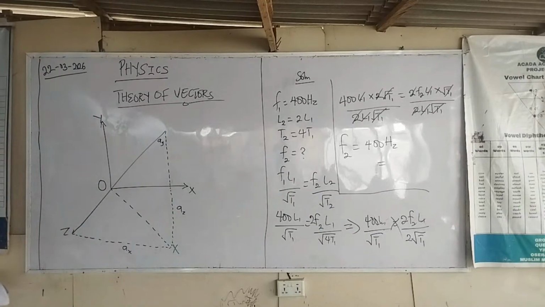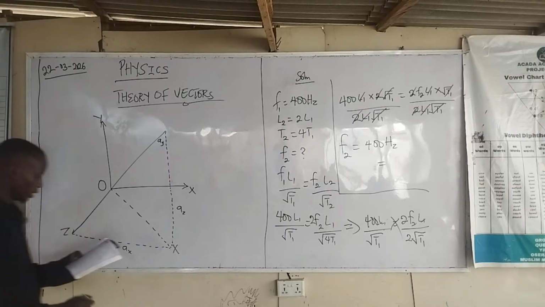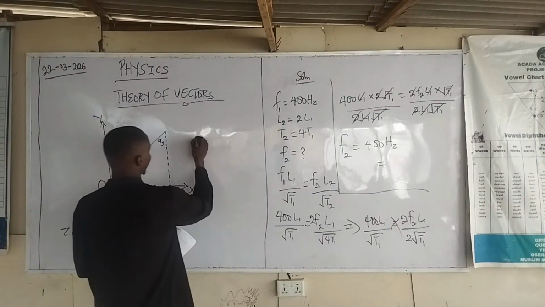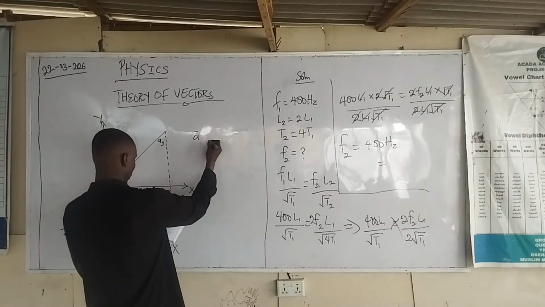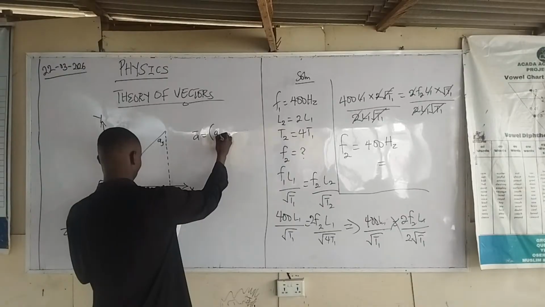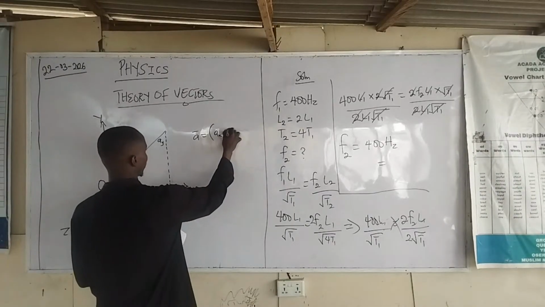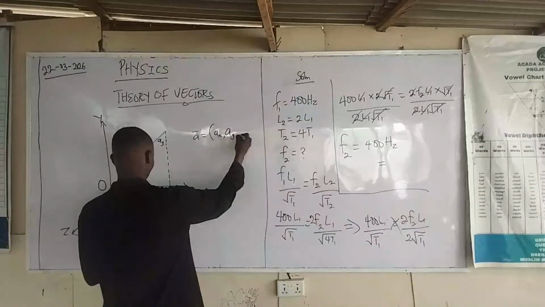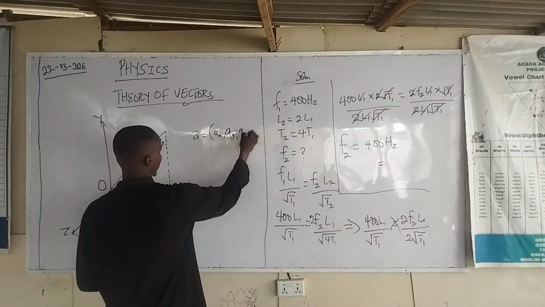The resultant of these vectors will now be: vector A equals ax, ay, az.